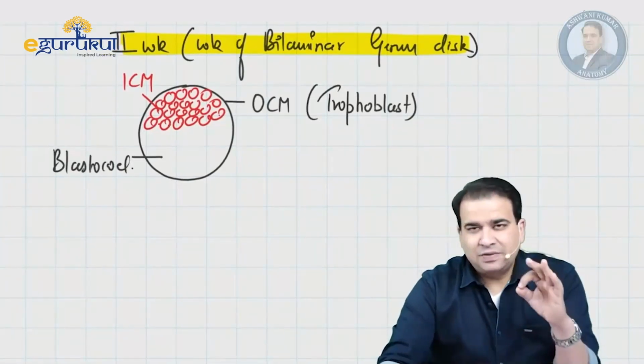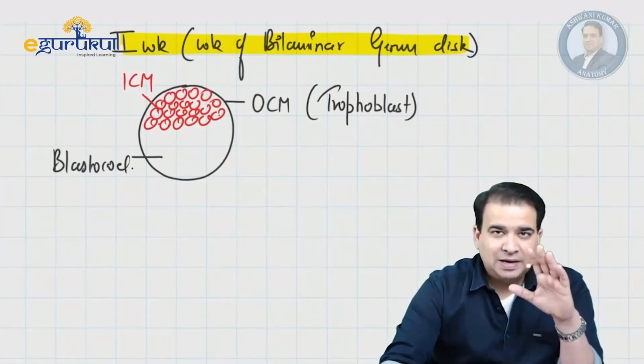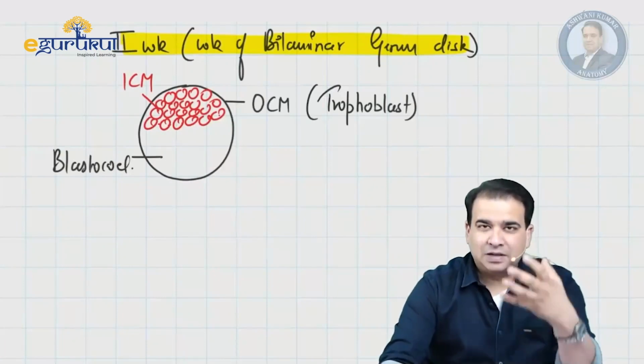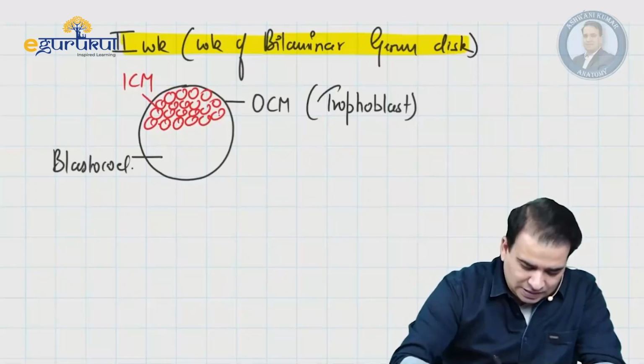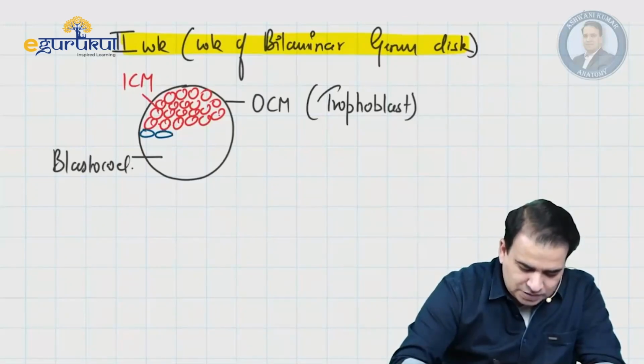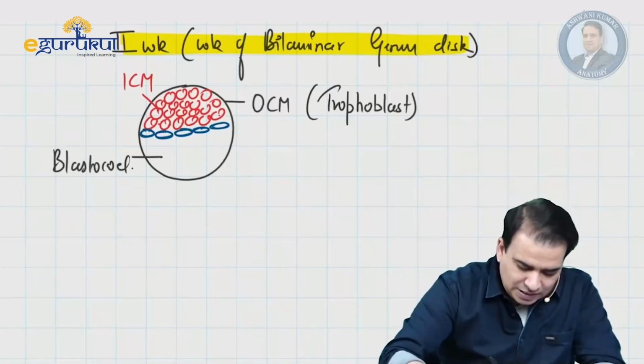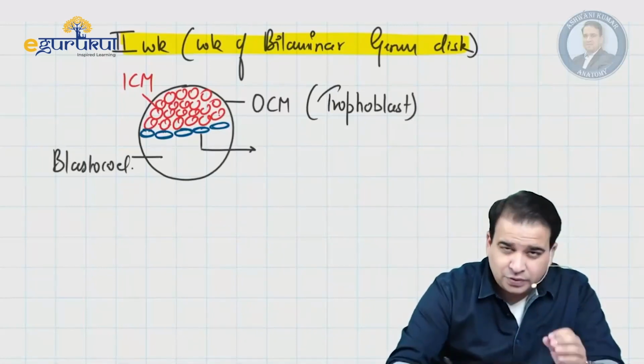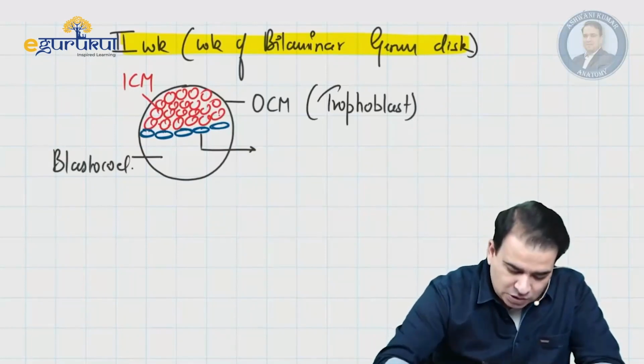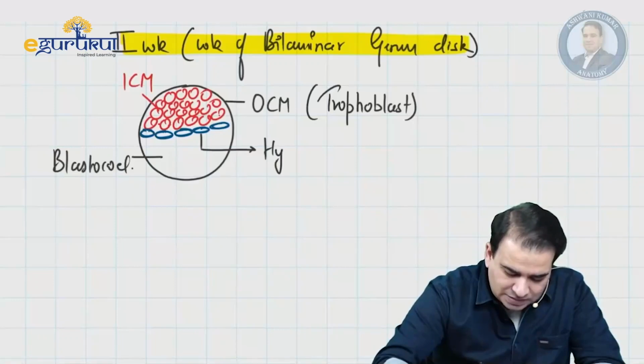So see, what is the first thing that will happen here? The cells of the inner cell mass which are facing toward the blastocele, they are the ones which will give rise to the first primitive germ layer. It's from the inner cell mass only, but these cells are facing toward the blastocele. These cells get converted into the first primitive germ layer, which is called the hypoblast.